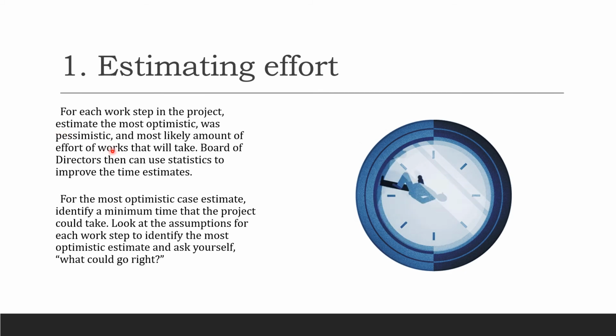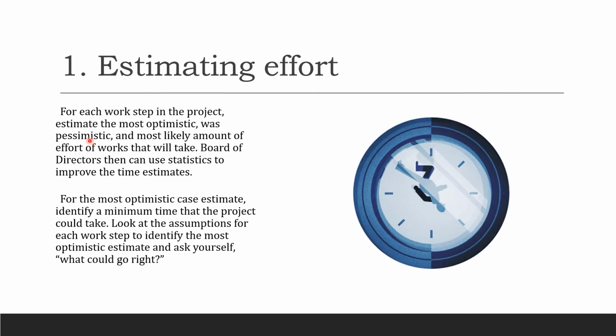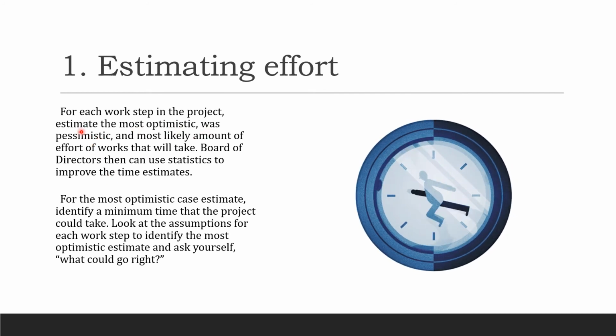Here, what you can see is that for each work step in the project, you're first going to estimate the most optimistic, in other words the most positive, and the most pessimistic, the most negative, and the most likely amount of effort the work will take.